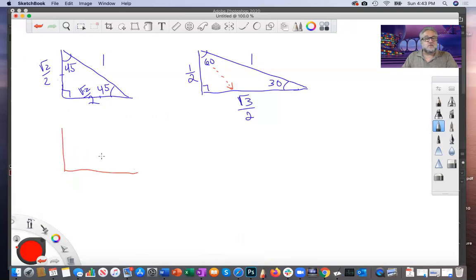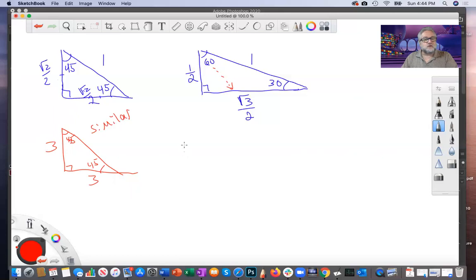Well, I could have another one, 45, 45, right triangle. Well, this could be a length 3 and this could be length 3, right? Triangles can be any size, but these two are similar, meaning their sides are in proportion to each other. They're proportionate. There's a constant ratio between all the sides if they're similar.